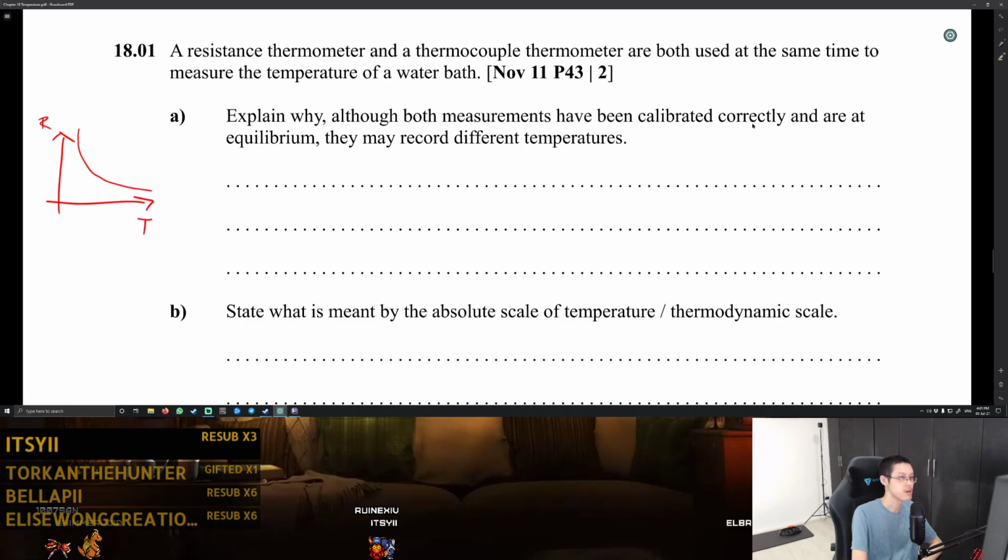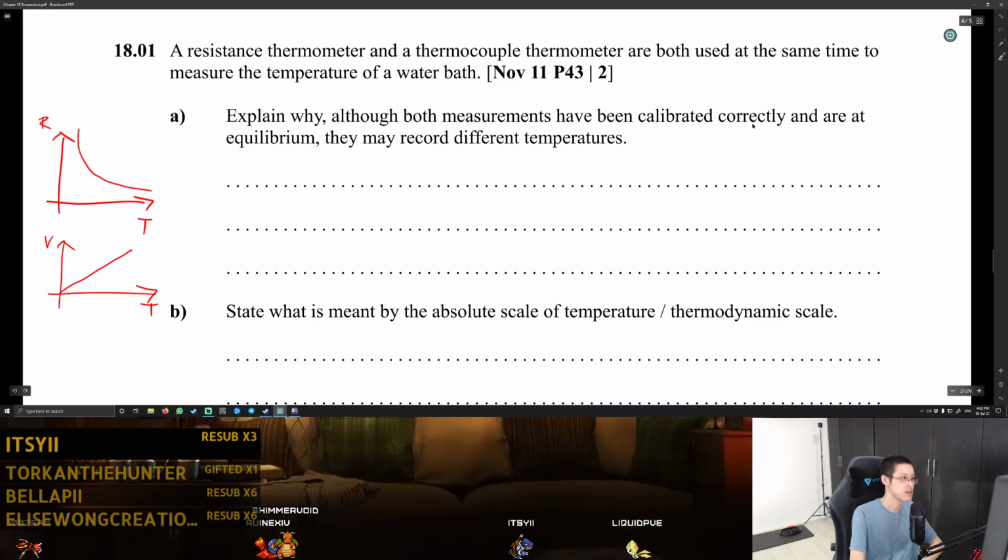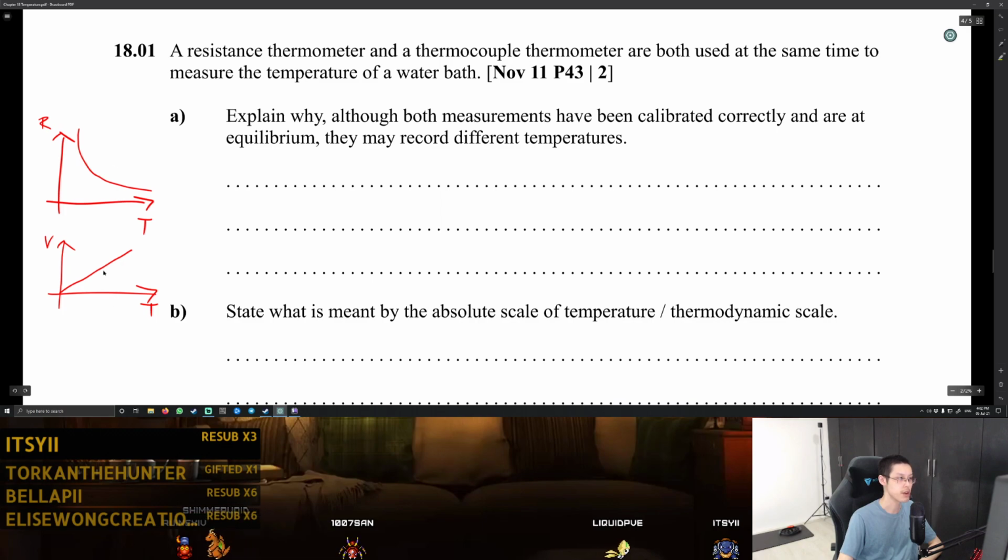And then for a thermocouple, the voltage and the temperature might be some other curve or line that may or may not correspond to this one at a specific temperature. So for a given temperature, both of these may record different readings.